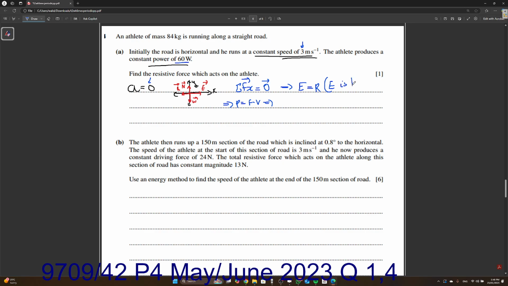P is equal to FV, so F is equal to P divided by V. So P, which is 60, divided by velocity, which is 3, is equal to 20 newtons. So that means resistive force is equal to E, which is equal to 20 newtons.